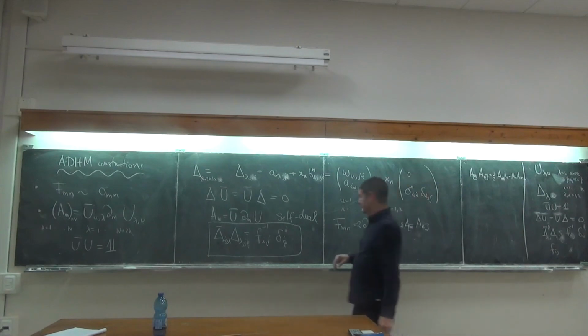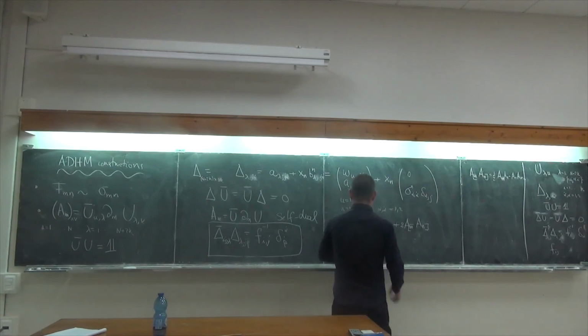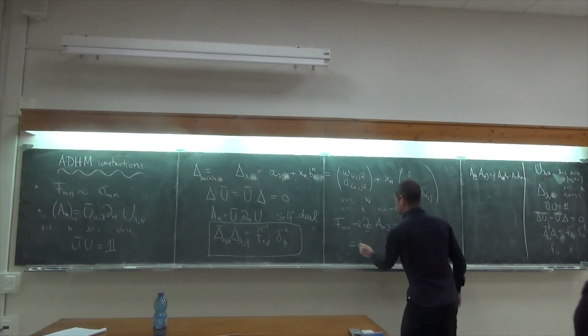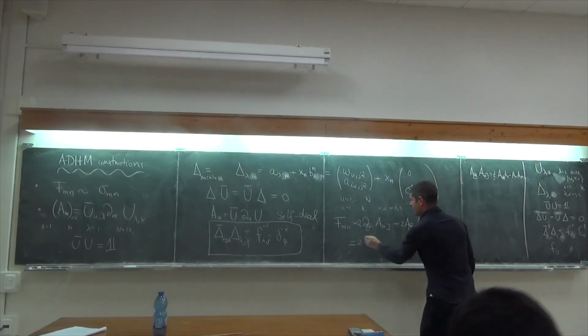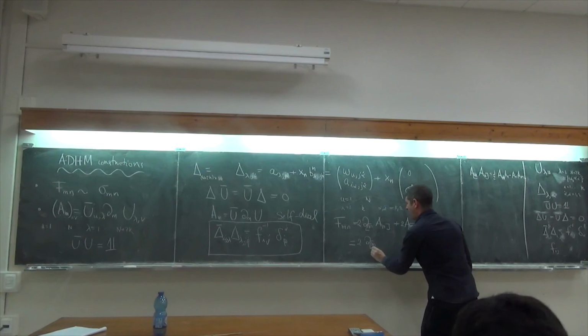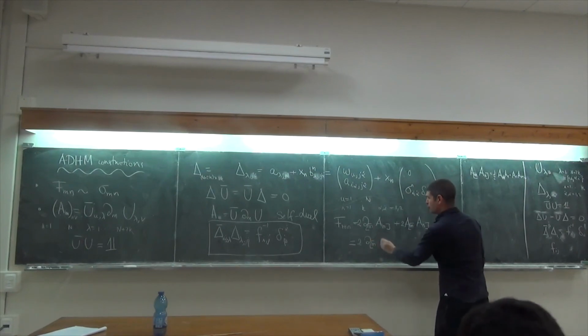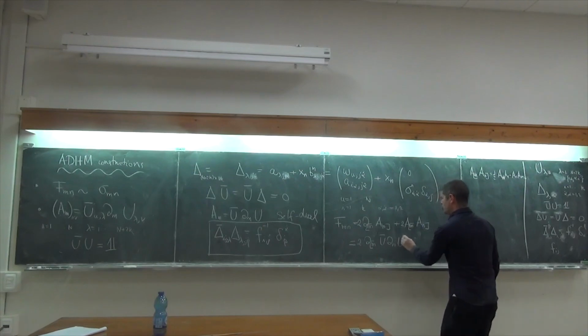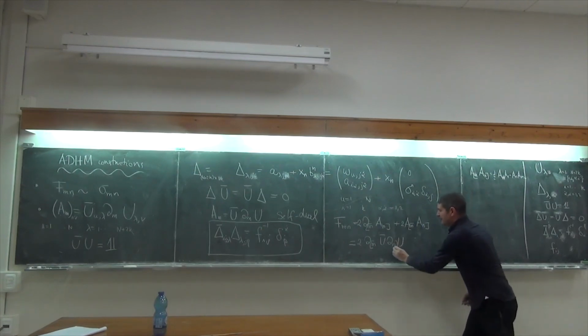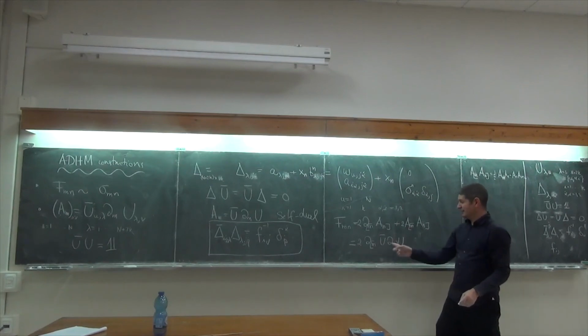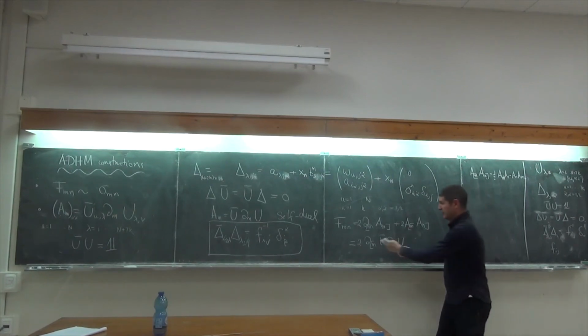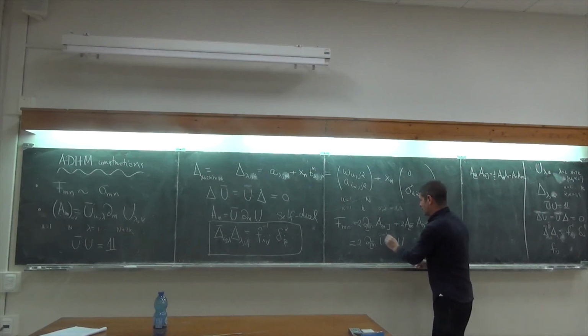Then let's compute. This is 2 times the derivative of u bar, d_n u. Now since this is antisymmetric, I cannot act here, because I would have d_n antisymmetric, and this is 0. So it acts only here.